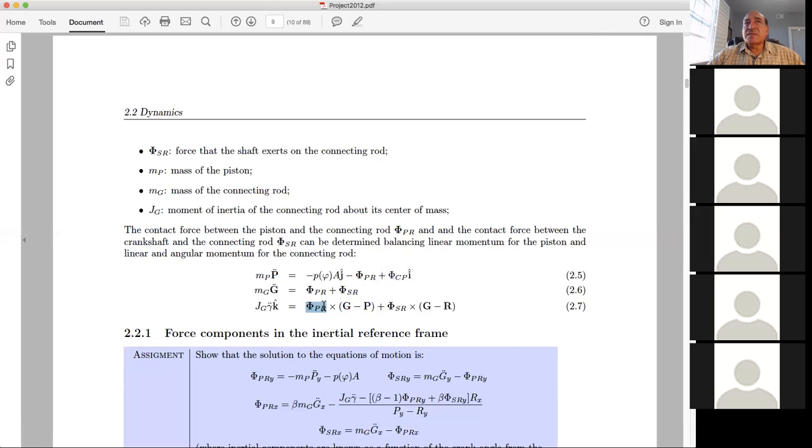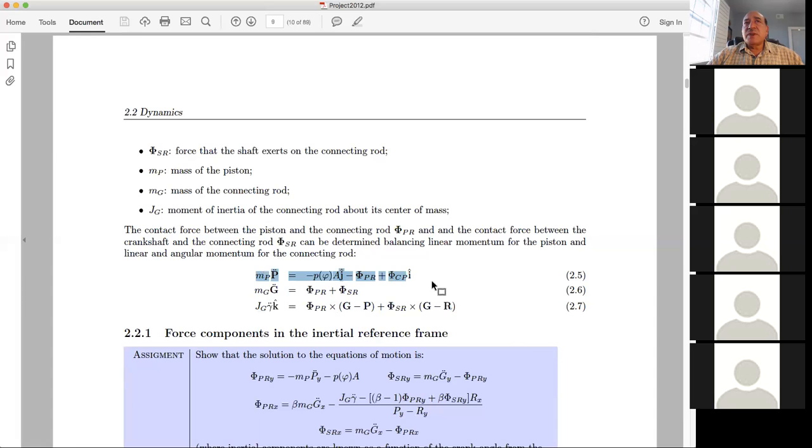A moment is force times the arm length, but we do it as a cross product because it's 3D, so it has to be done in vector cross product, and then the force from the shaft on the rod times its arm length. So you notice that equation 2.7 is pretty much similar to equation 2.6, and both of them are for the connecting rod, one linear, one angular, while equation 2.5 is for the piston.